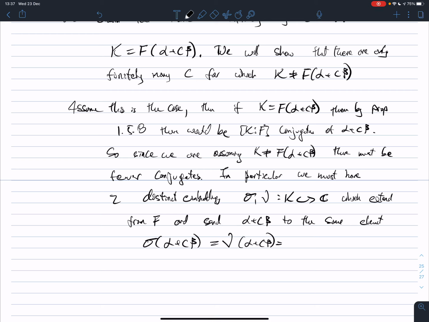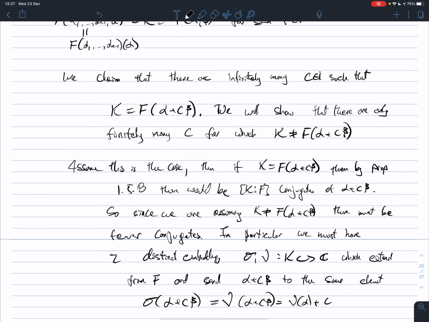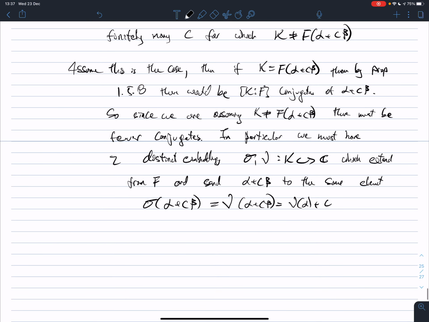Remember what this is? This is just eta of alpha plus c eta of beta, where c is in f. On this side, this is sigma of alpha plus c sigma of beta.